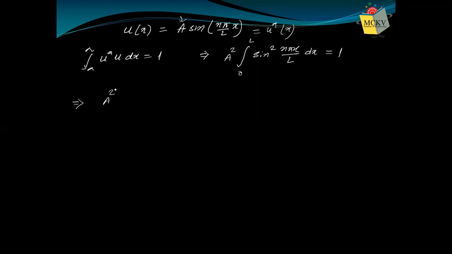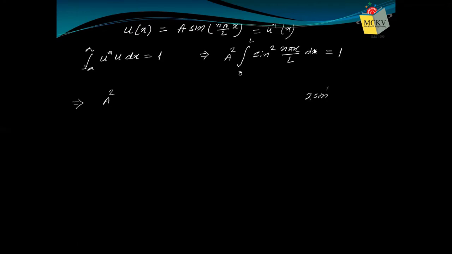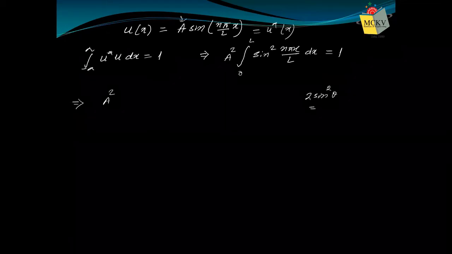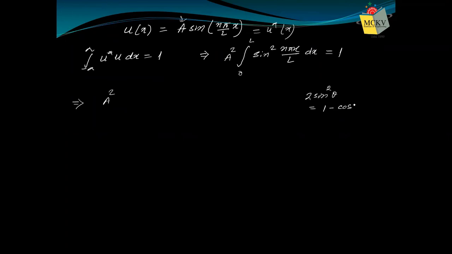We know that 2 sin square theta can be written, to get rid of this square term, as 1 minus cos 2 theta.